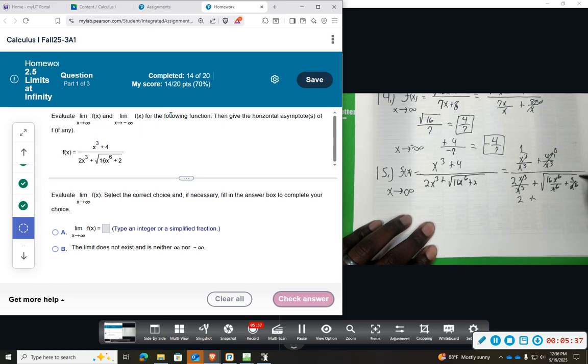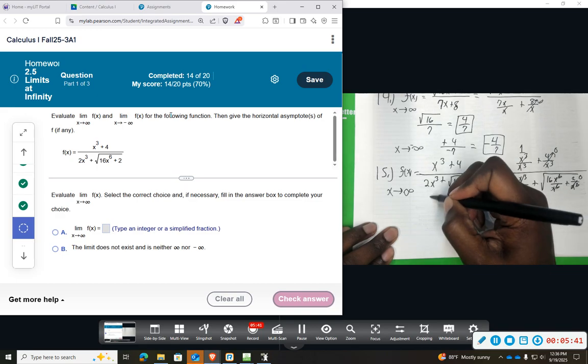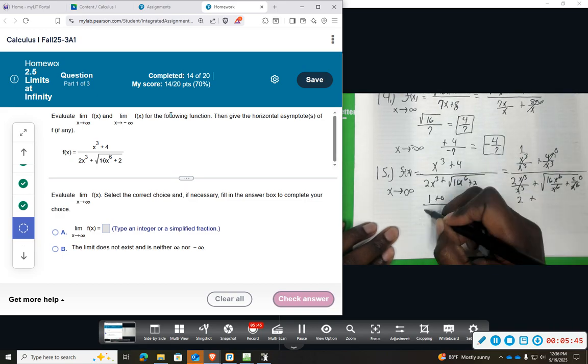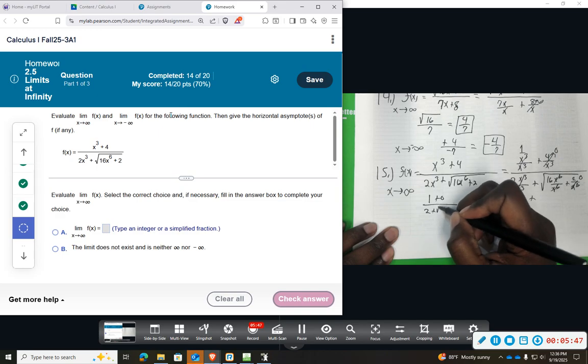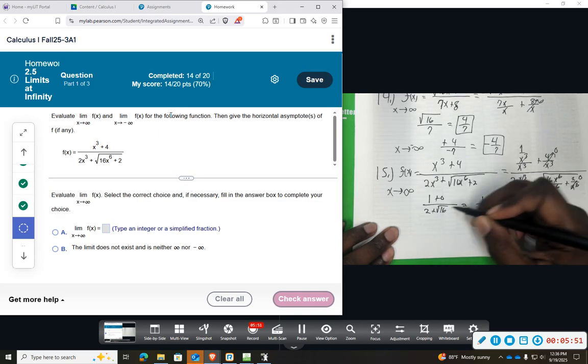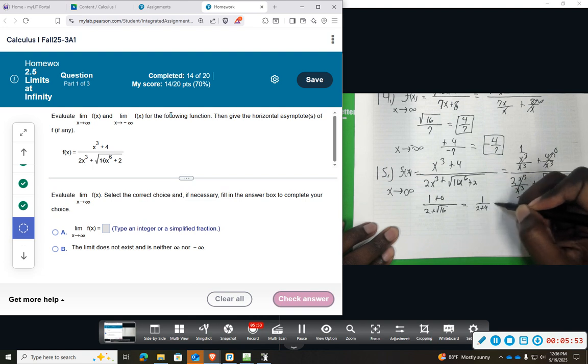And this is going toward 0. So at the end of the day, we have 1 plus 0, which is just 1. On the bottom, we have the 2 plus the square root of 16, which will give us 1 over 2 plus 4, which is 1 over 6.